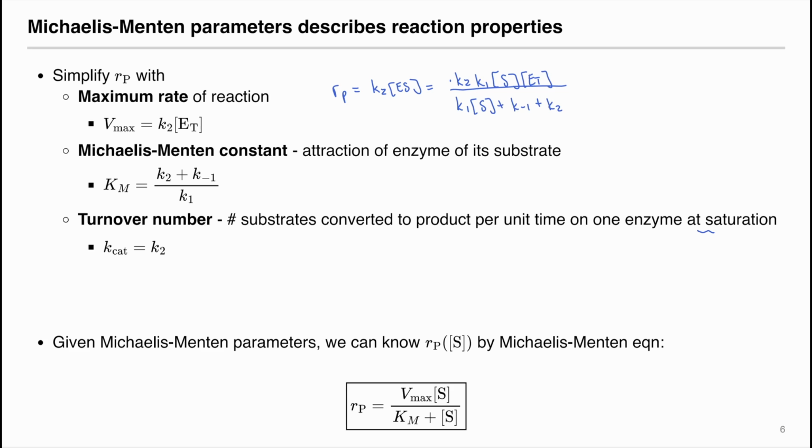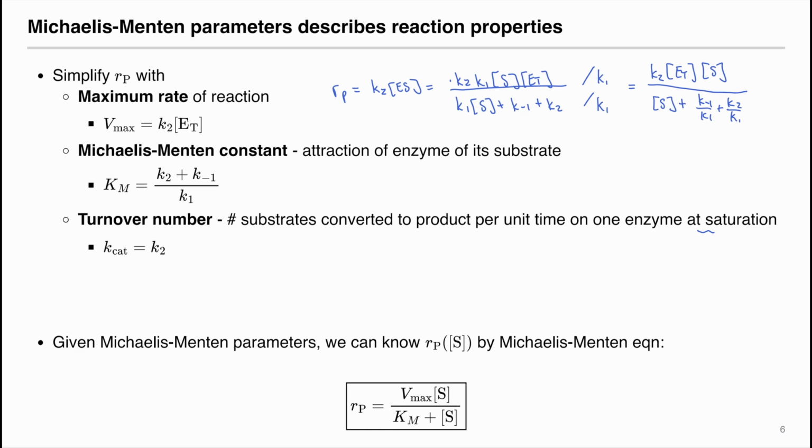Now let's simplify the rate expression by using the Michaelis-Menten parameters. First, let us divide the rate expression by K1 on both top and bottom. So we have the K1 at the top cancels out, so we have K2 multiplied by total enzyme multiplied by S. The K1 cancel out at the bottom plus K minus 1 divided by K1 plus K2 divided by K1.